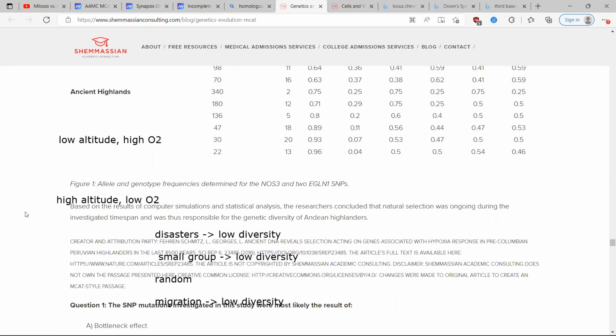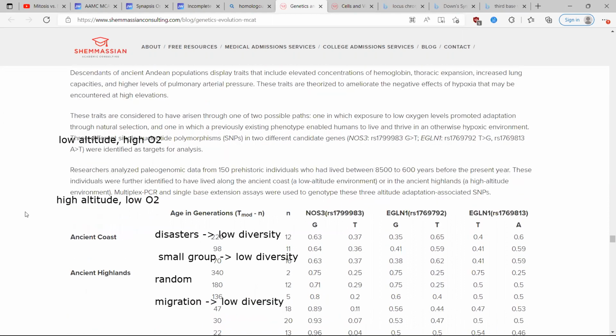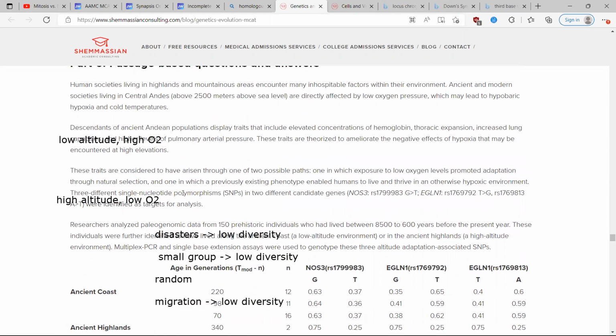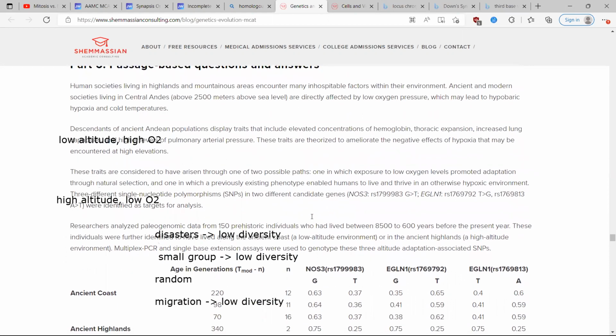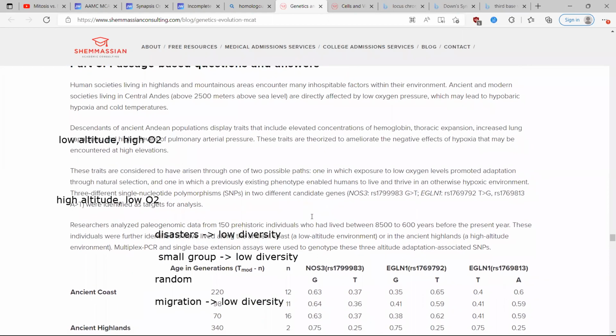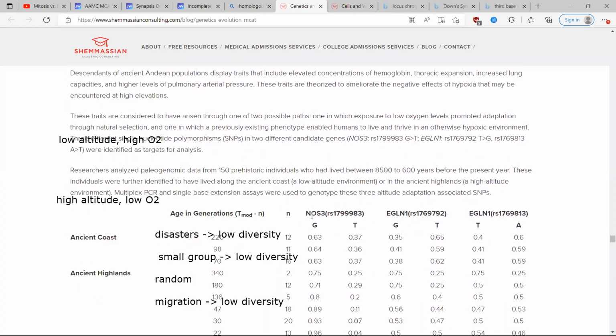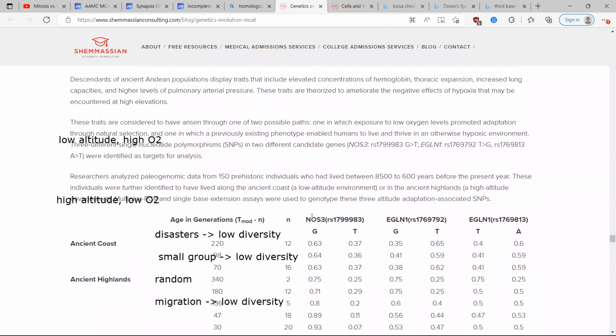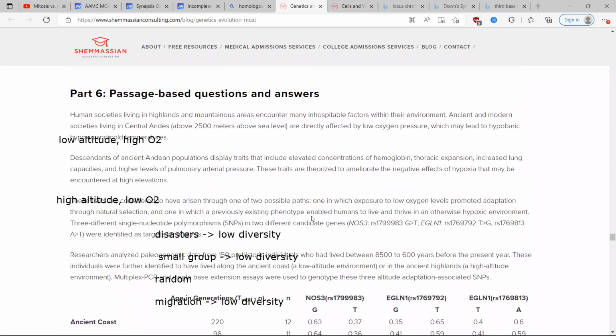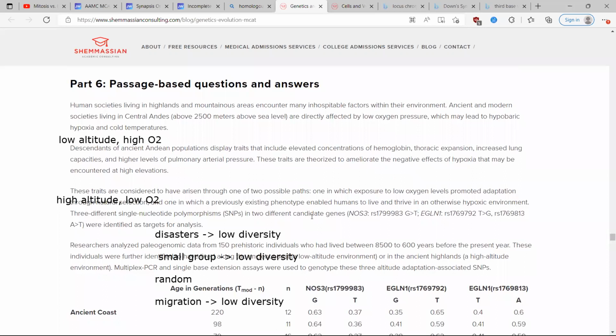How is it random? Because these single nucleotide polymorphisms are just random mutations, right? Mutations are just random. Are bottleneck and founder effect under genetic drift? Yes, they are.